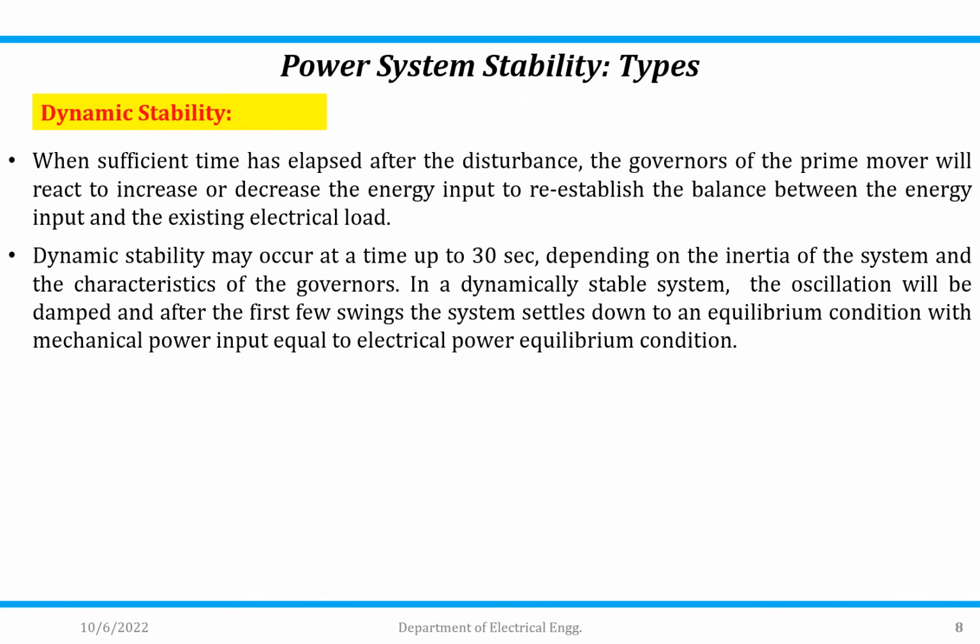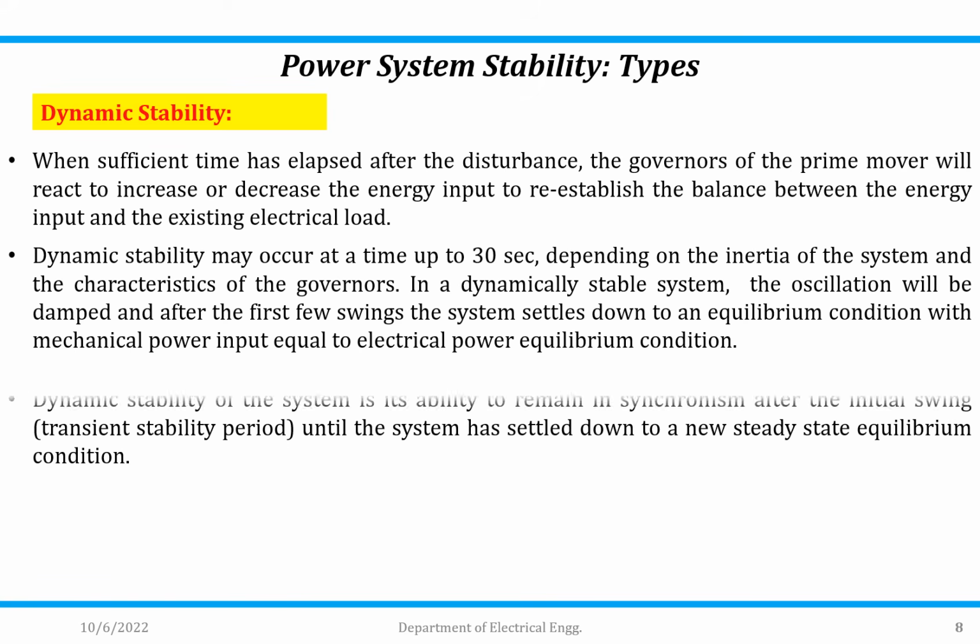In a dynamically stable system, the oscillations will be damped out, and after the first few swings, the system settles down to an equilibrium condition with mechanical power input equal to electrical power. Dynamic stability of the system hence is its ability to remain in synchronism after the initial swing, that is, the transient stability period, until the system has settled down to a new steady state equilibrium condition.